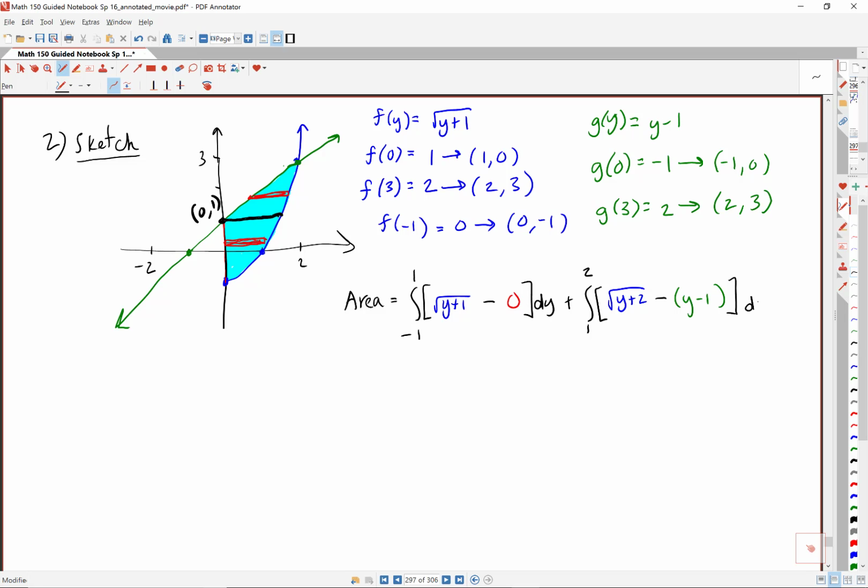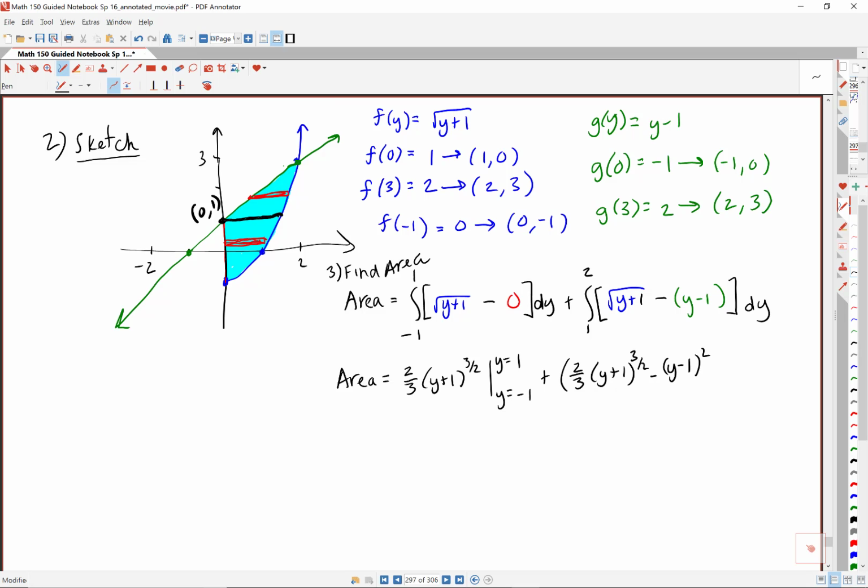So we will have the area is two-thirds (y plus 1) to the 3/2, evaluated from y equals -1 to y equals 1, plus two-thirds (y plus 1) to the 3/2, and then minus, I'm just going to look at this as a quantity, (y minus 1) squared.